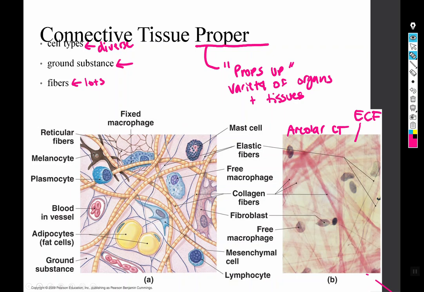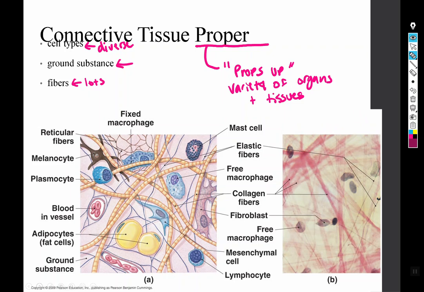What they're there to do is kind of inspect and see if there's any bad guys present, so bacteria, etc. And then you're going to find a lot of different kinds of fibers. So these thick pink ones are collagen, and then these skinny dark purple ones are elastic fibers. And there's all kinds of stuff in here. So what you'll notice in your lab packet is that it says know the 9 cell types of connective tissue proper.